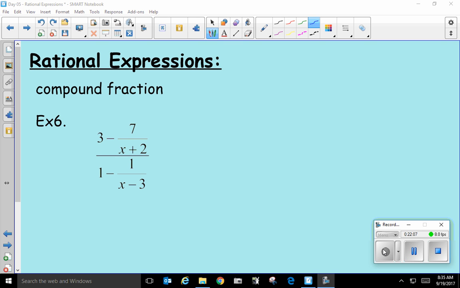Meaning, I do my butterfly effect on the top and on the bottom. Then afterward, this is division, right? That's like multiplying if you flip the reciprocal. So, let's not forget, these are over 1, aren't they?